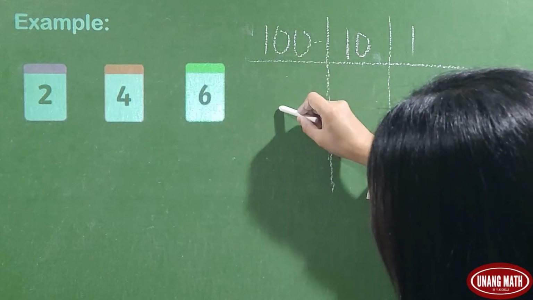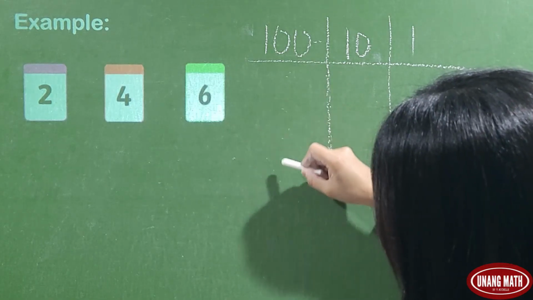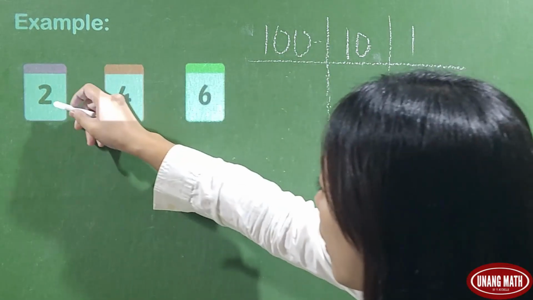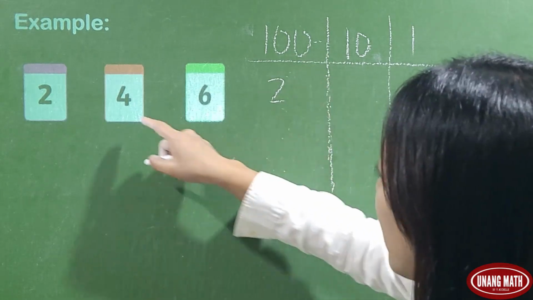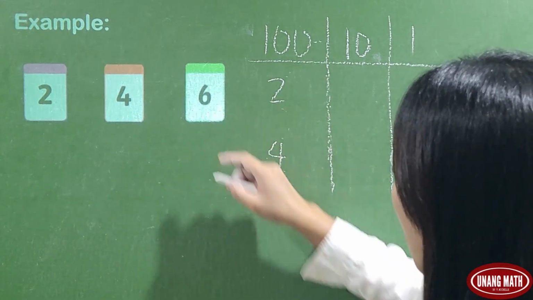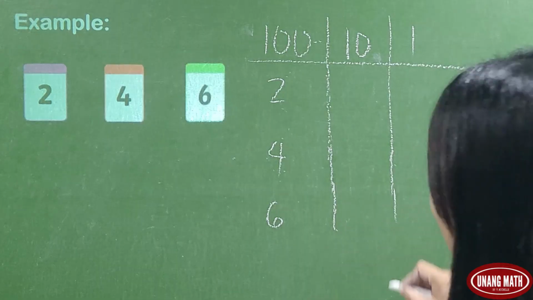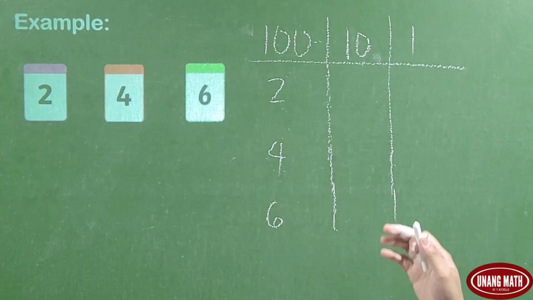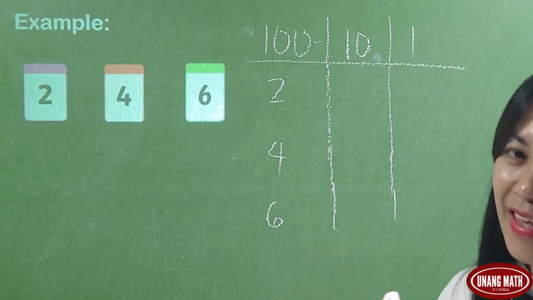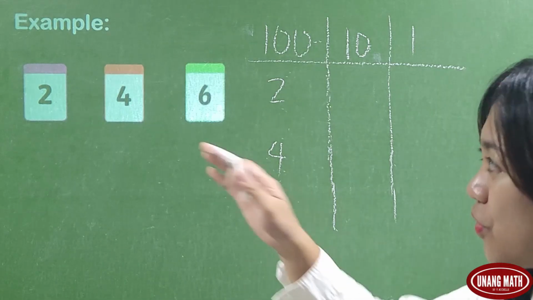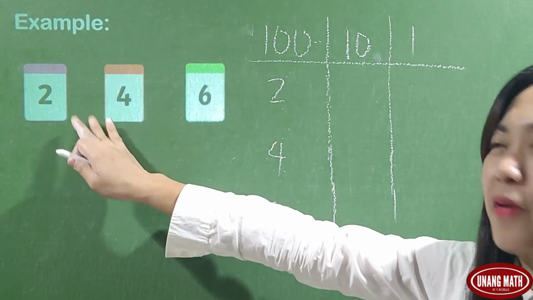What are the possible numbers that we can write here in the hundreds place? We can write here 2 or 4 or 6. Take note, we are creating three-digit numbers using all these number cards.